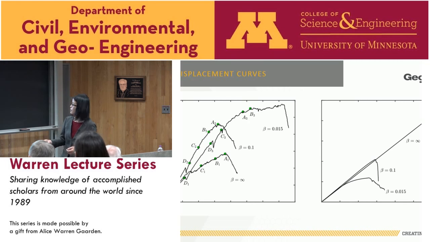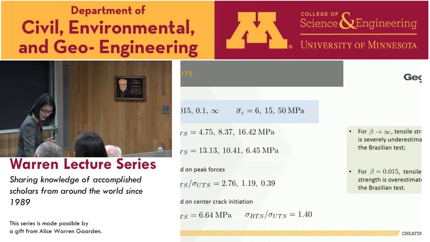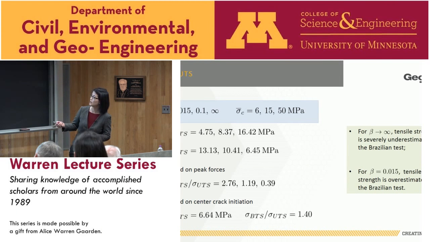In other words, if you are using the Brazilian test, it's quite dangerous because the tensile strength from the Brazilian test is a function of your failure mechanism. So again, in uniaxial tension the tensile strength increases with beta, but the Brazilian tensile strength actually decreases with beta.